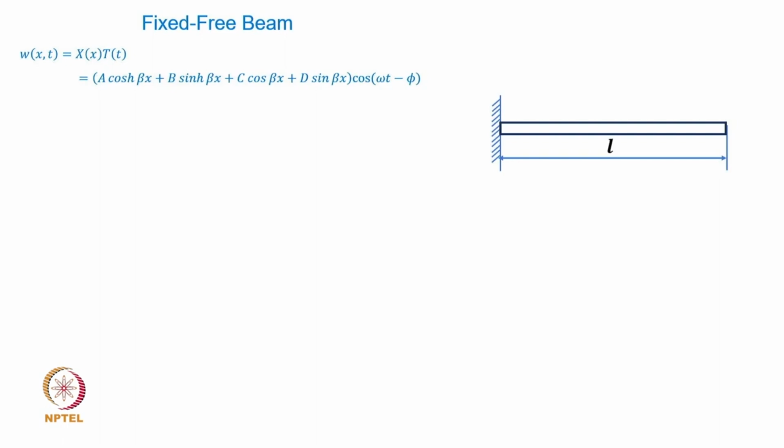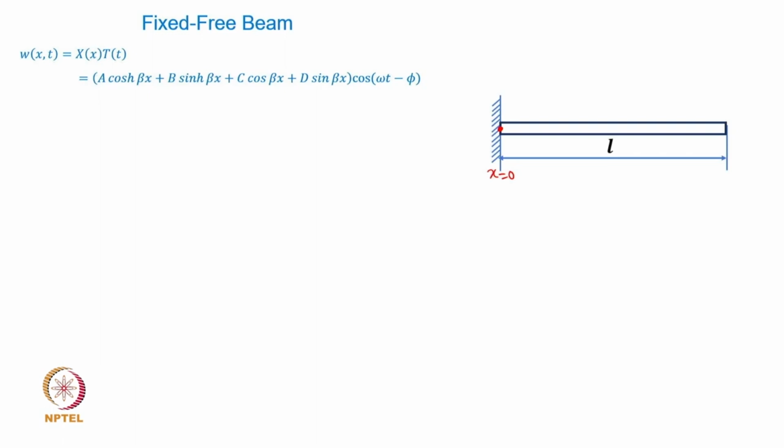So a fixed-free beam, which we know is a beam fixed at one end, free at the other end, that cantilevered configuration. What are going to be the boundary conditions? We all know that, this being fixed here, the boundary conditions at x equal to 0 are going to be: deflection is equal to 0, and the beam cannot have non-zero slope at the root or the fixed end, right?